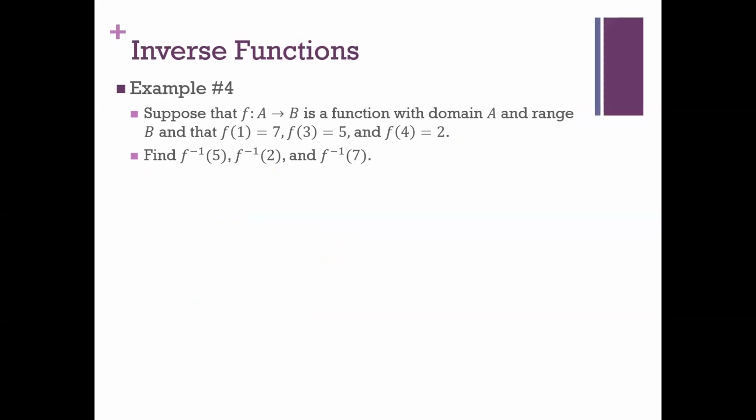So I have a function with a domain and range, A and B. I know a few things about that function. I'm telling you the inverse exists. Can I find those values? Can I find f inverse of 5, f inverse of 2, and f inverse of 7?